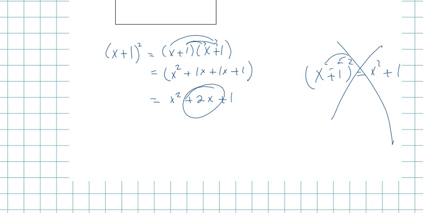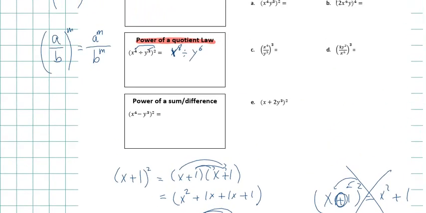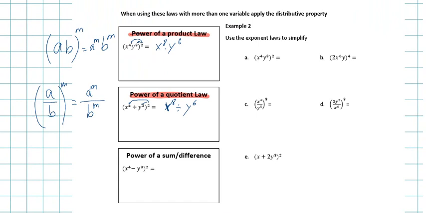That's a plus. The distribution would only work if I have a multiplication or a division. Whenever you have a minus or a plus, you can't distribute. You have to clone and do the FOIL.